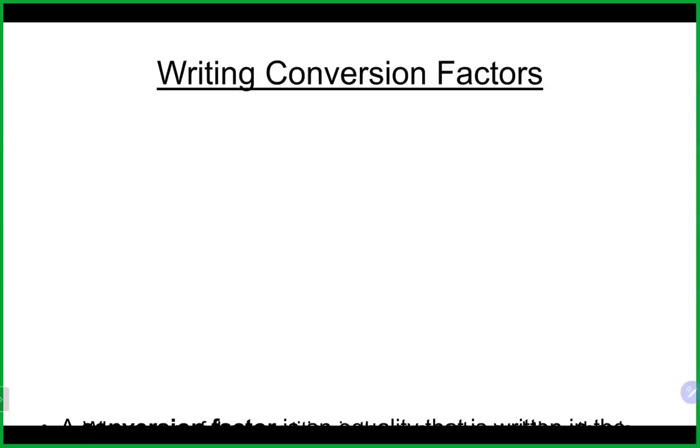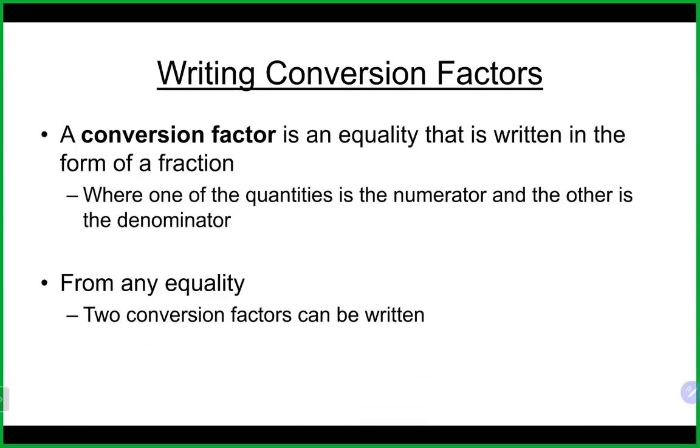So we've sort of touched upon this, but let's officially talk about conversion factors. Conversion factors do come from equalities. And equalities, as we saw in a couple of those examples, are 2 things that are on different scales that mean the same thing. So if you had 100 pennies, that is the same thing as $1, right? That is our equality.